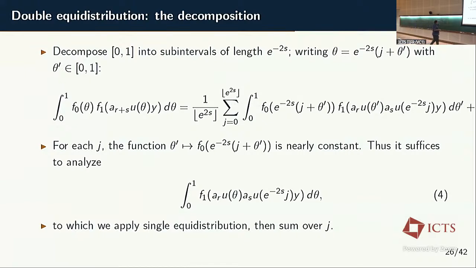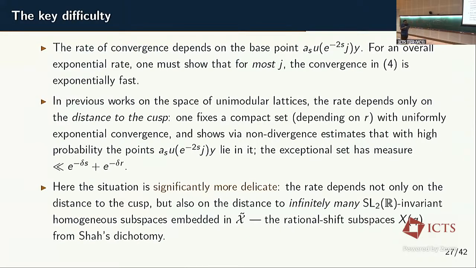I want to focus my attention on a term of this kind, using some standard tricks from Lie theory: conjugate, conjugate back, and absorb some stuff. You come down to focus on terms like this. To this, I want to apply single equidistribution, because I magically moved from two functions to one. The issue here is that the rate of convergence depends on this base point, which I have shifted.